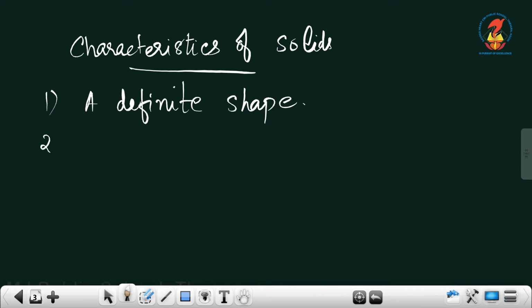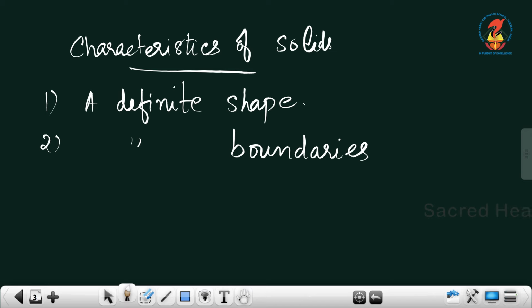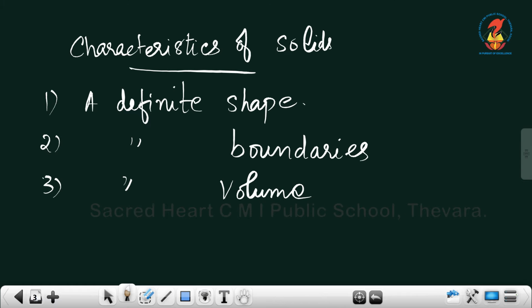They have definite boundaries also. Their boundaries are fixed. So we have seen solids have definite shape, definite boundaries, and the solids also possess definite volume.